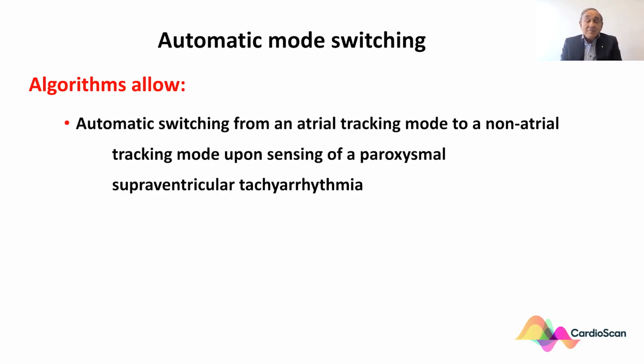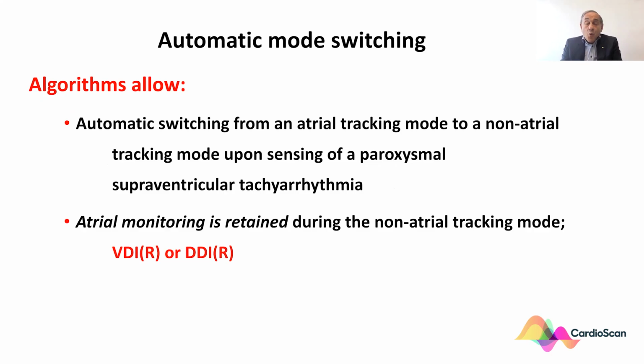So the algorithms allow automatic switching from atrial tracking mode to non-atrial tracking mode upon sensing of a paroxysmal supraventricular tachyarrhythmia. But even though we have no atrial tracking, we still maintain atrial monitoring during the non-atrial tracking mode.